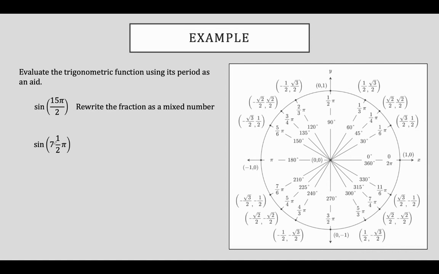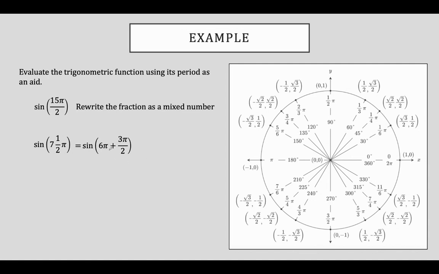So how many complete revolutions are we doing, and what do we have to add on after that? Well, that's going to be 3 complete revolutions from 6 pi, and then we're going to have to add on 1.5 pi, or 3 pi over 2. Notice 6 pi plus 1.5 pi gives us 7.5 pi.